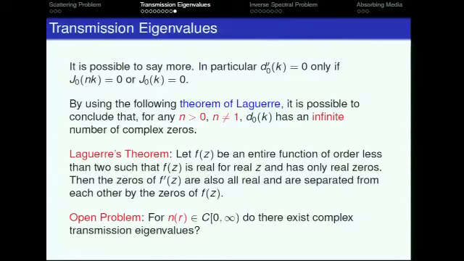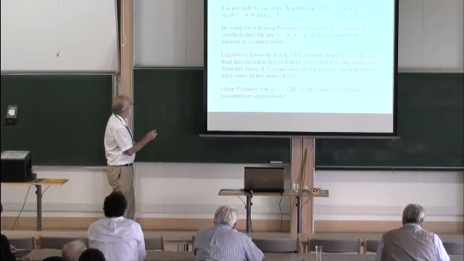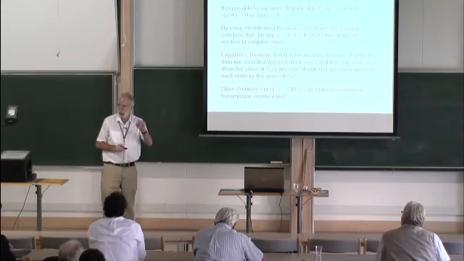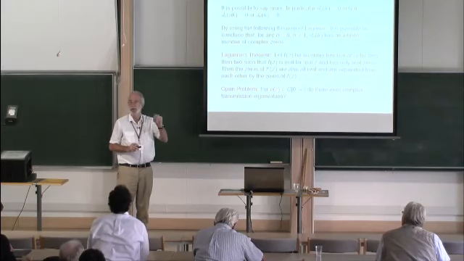Now, the theorem you want to use now is a theorem of Laguerre, which is a generalization of Rolle's theorem to entire functions. And if you use this theorem, you can conclude that for n greater than 0 and n not equal to 1, d0 of k has an infinite number of complex zeros. So for any constant n, there exists an infinite number of complex transmission eigenvalues, in this case in R2.